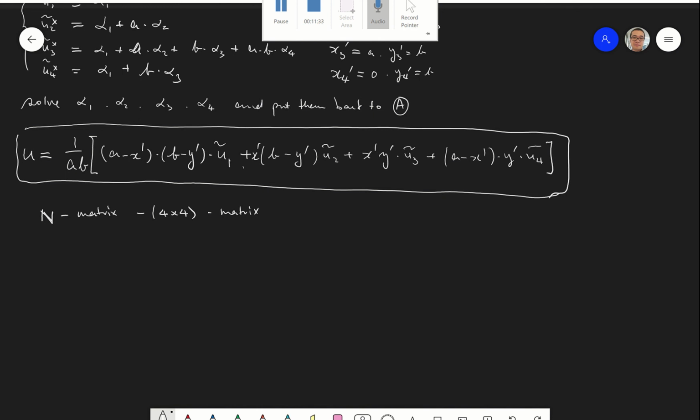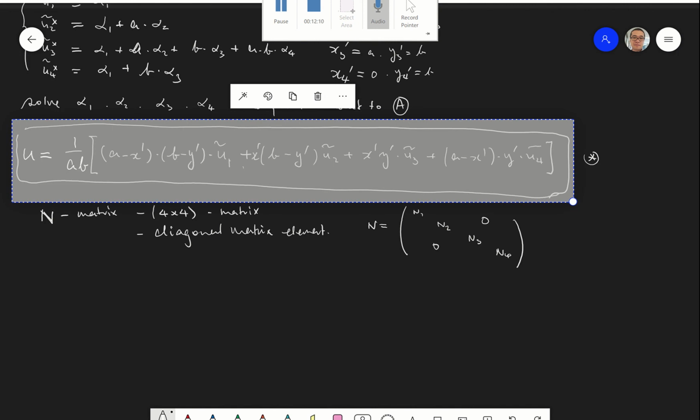That means we'll only have diagonal matrix elements. That means N will look like N1, N2, N3, N4, where everything else is 0, and N1, N2, N3, and N4 can be worked out from this equation.